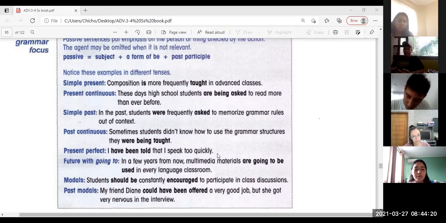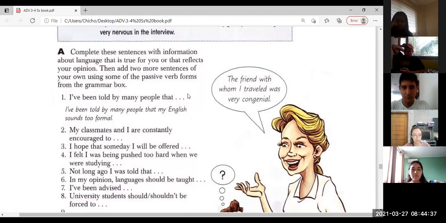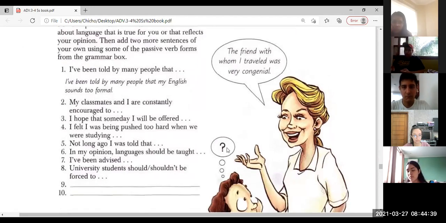Okay. Let's see here. We're going to practice the passive, okay? Complete the sentences with information about your language that is true for you and that reflects your opinion. Then add 2 more sentences of your own using some of the passive verb forms from the grammar box. So here we have the sentences.